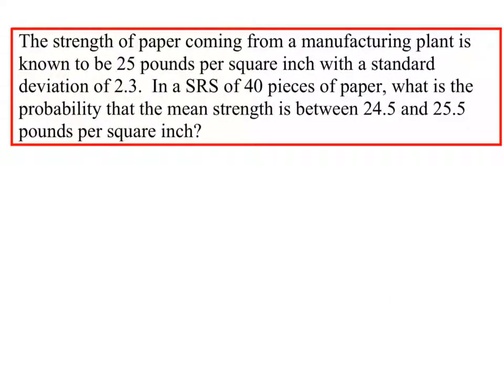The strength of paper coming from a manufacturing plant is known to be 25 pounds per square inch with a standard deviation of 2.3. In a simple random sample of 40 pieces of paper, let's check that condition. This is a manufacturing plant, so they better be making more than 400 pieces of paper a day. So we fulfill it. We have a normal curve.